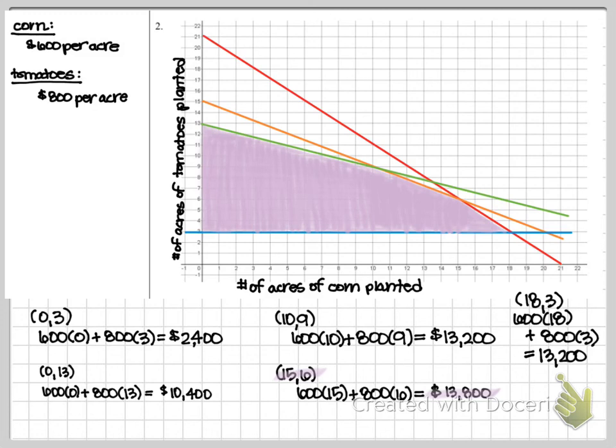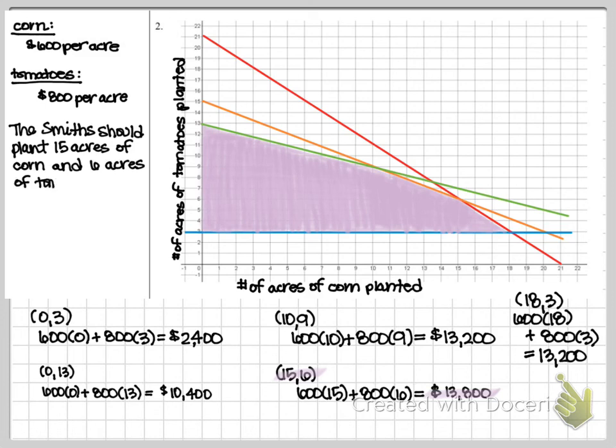So over here on the left, kind of a little tight on this screen, I would say the Smiths should plant, and we decided they would plant 15 acres of corn, and what did we decide? 6 acres of tomatoes.